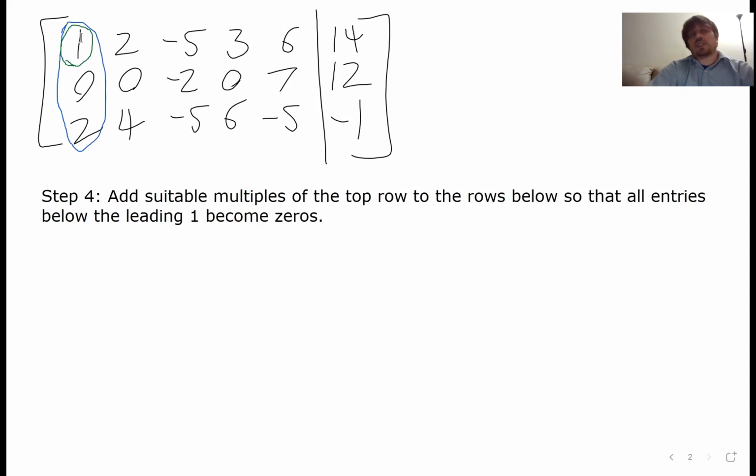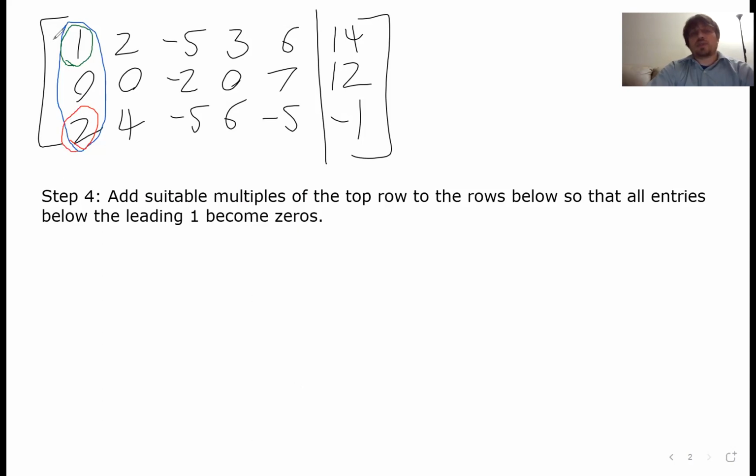So we have a leading one at the top of this column we've now selected, but not all the entries below it are 0. This entry is 0, so we just move on from there. But this entry is a 2, which is not 0. So the goal now is to make sure that everything that's non-zero in this column becomes 0.